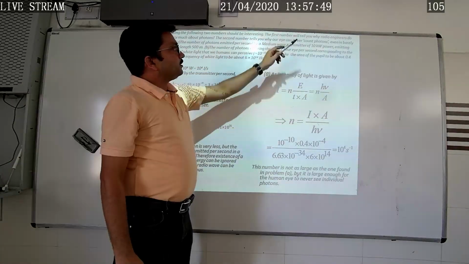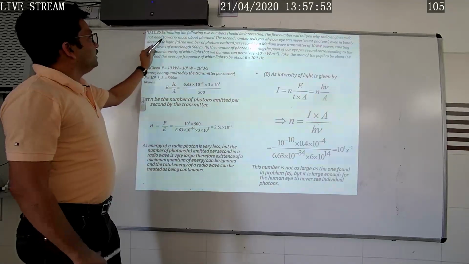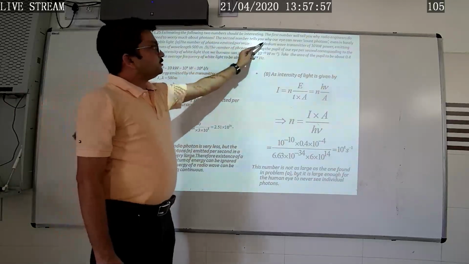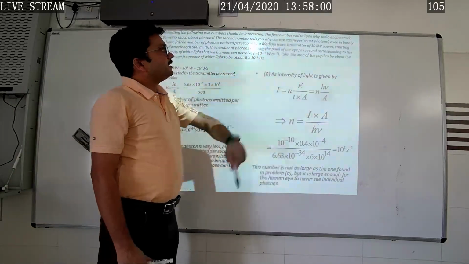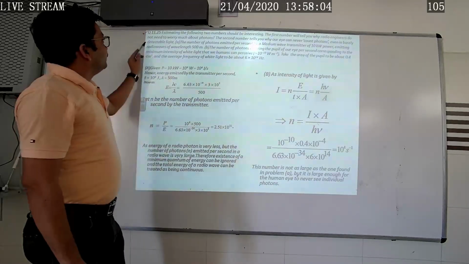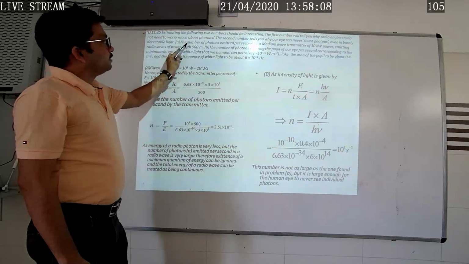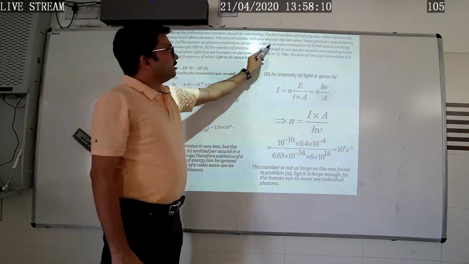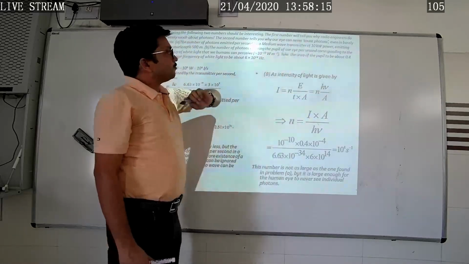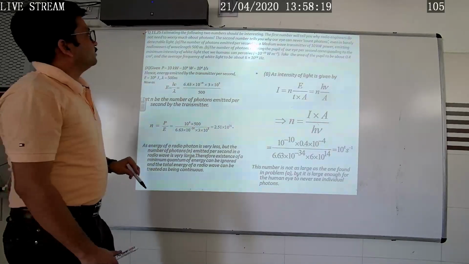The first number will tell you why the radio engineers do not need to worry much about the photons, and the second number tells you why our eye can never count the photons, even in barely detectable light. So in the first part we have to calculate the number of photons emitted per second by a medium wave transmitter of 10 kilowatt power emitting radio waves of wavelength 500 meter.